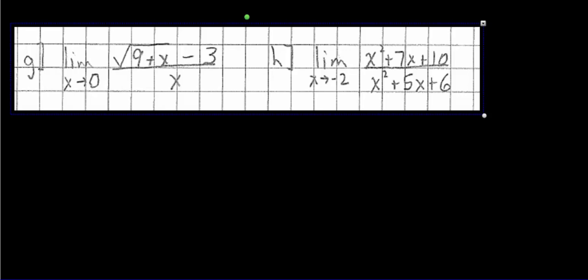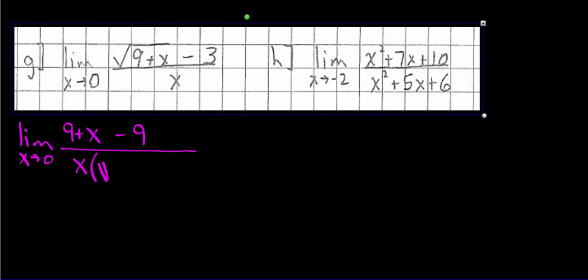See? Just plugging in a 0 for the x. Okay, here's another one. Now, I'll go through this one a little more quickly. We multiply by the conjugate. And when we multiply by the conjugate, what we get up top is the first term squared minus the second term squared. And then the bottom, we just get x times the conjugate.